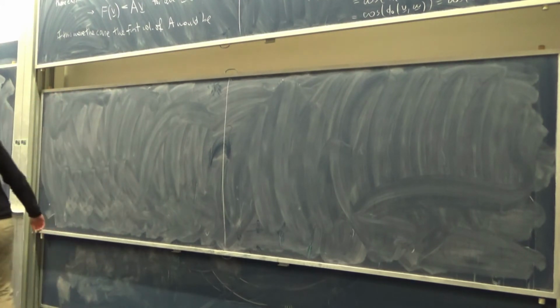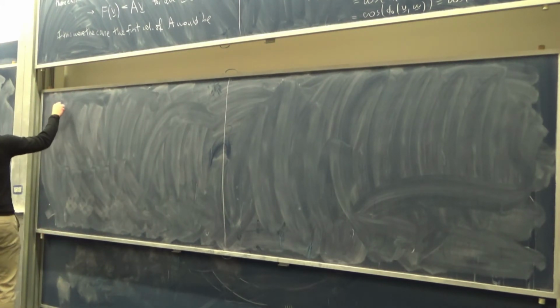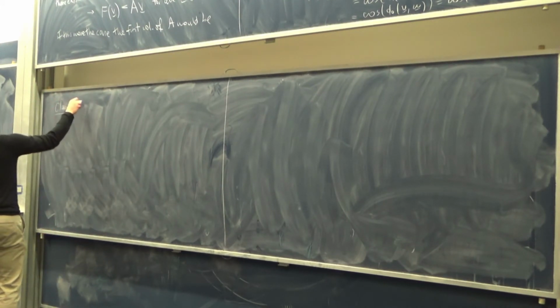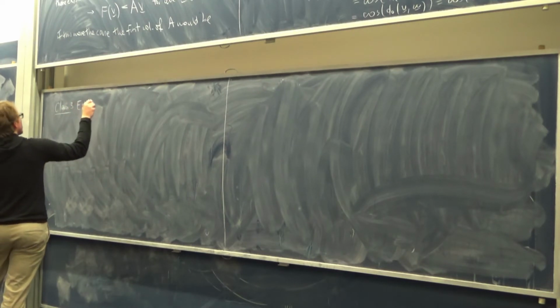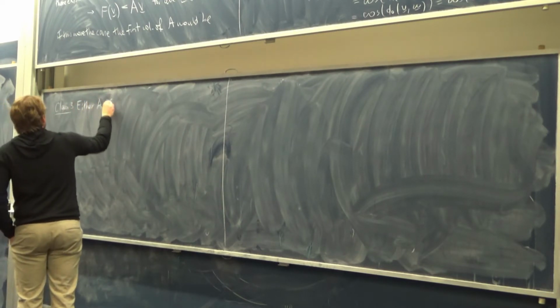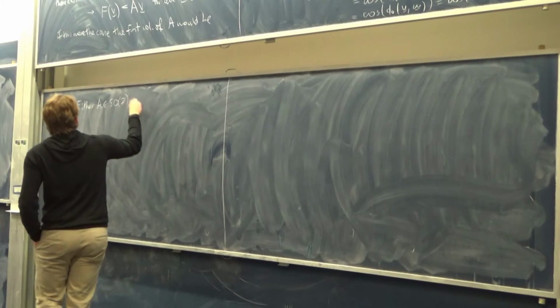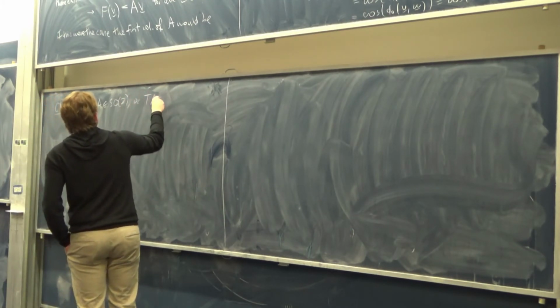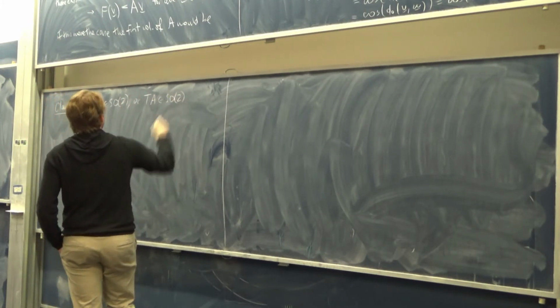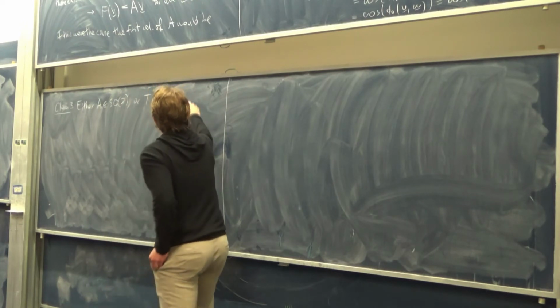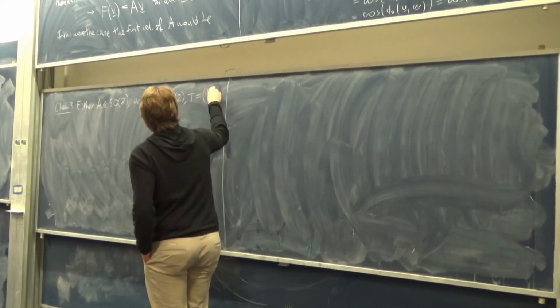Okay, so line 3. Claim: either A is already a rotation matrix, or T times A is a rotation matrix. T is this matrix.